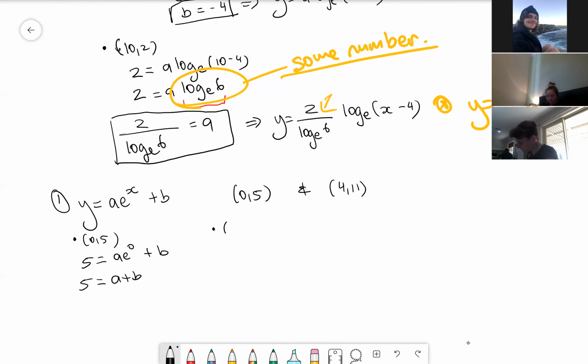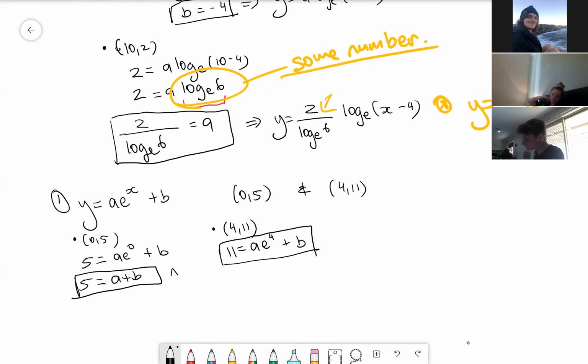Awesome. And then we can just sub in (4, 11). So we'll get 11 is equal to a e to the 4 plus b. So what do you have now? Okay, simultaneous equations. Perfect. So you've got your first equation and your second equation.